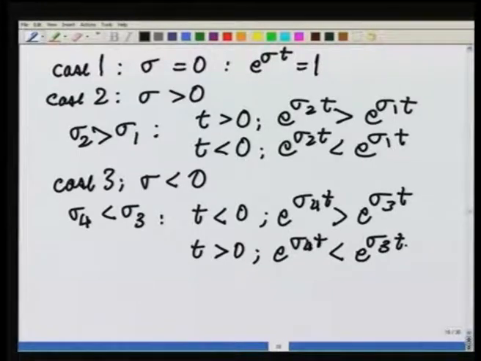These are the essential summary of the various properties of the so called real exponential.